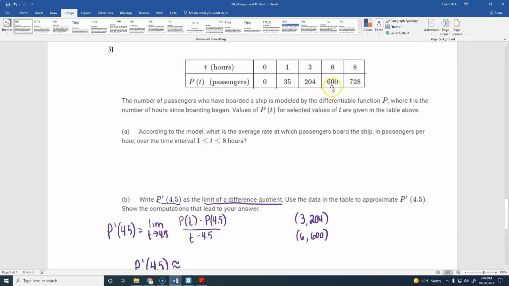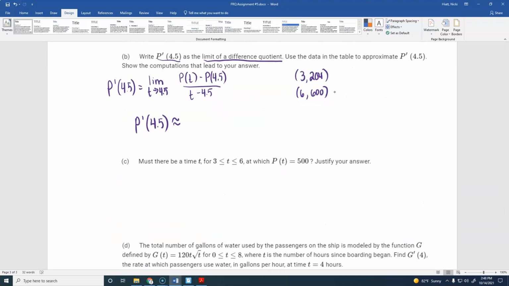I'm pulling the two closest points to 4.5, and you just do the slope formula: 600 minus 204 over 6 minus 3, which gives you 396 over 3. And if you divide, I believe you get 99 there.